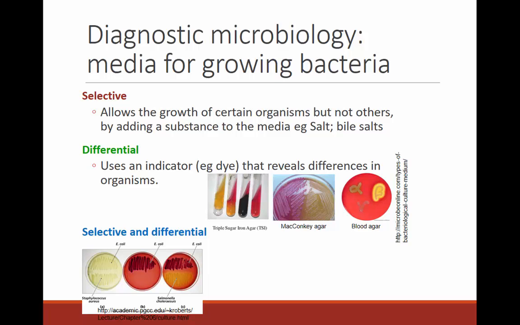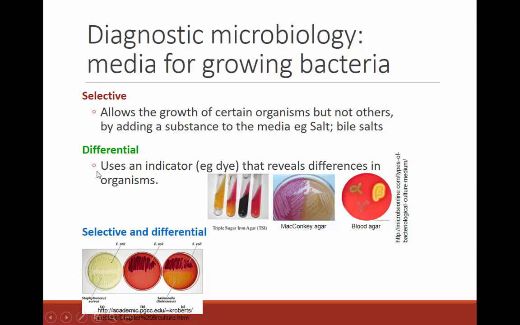But Staph aureus can grow in agar that has up to 10% salt. It knocks basically everything else out, but Staphylococcus aureus can grow. Because we know what it can tolerate, we've selected that out to grow it. So we have that selective growth.